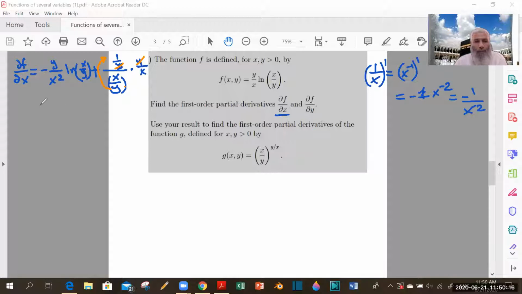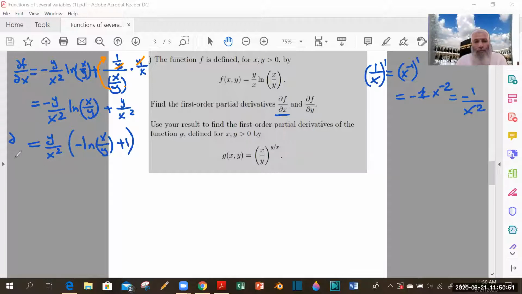So the result is negative y over x squared ln x over y plus y over x squared. We can take y over x squared as a common factor, so it would be y over x squared multiplied by minus ln x over y plus 1. So this is the answer.